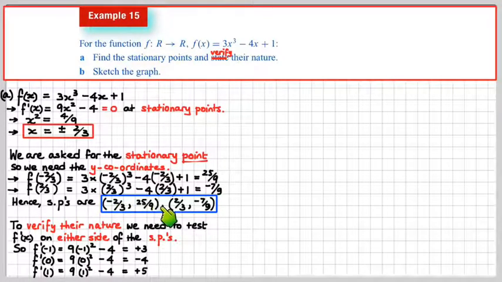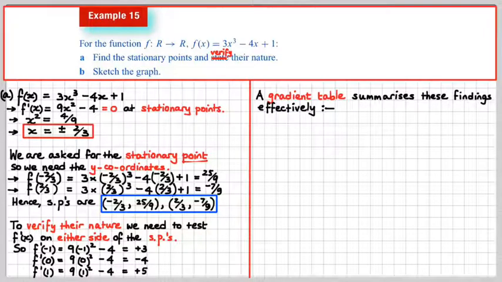I needed to choose something in between them, and 0 is a very nice easy number to choose, and I needed to choose something to the right of this right hand side one, and 1 is again a very easy number to choose. So you go easy on yourself, choose nice easy ones, particularly if you're in a tech-free exam. My goodness, don't go choosing anything complicated.